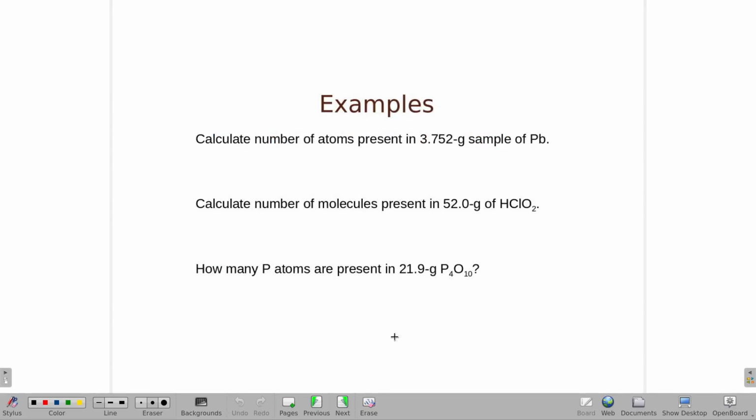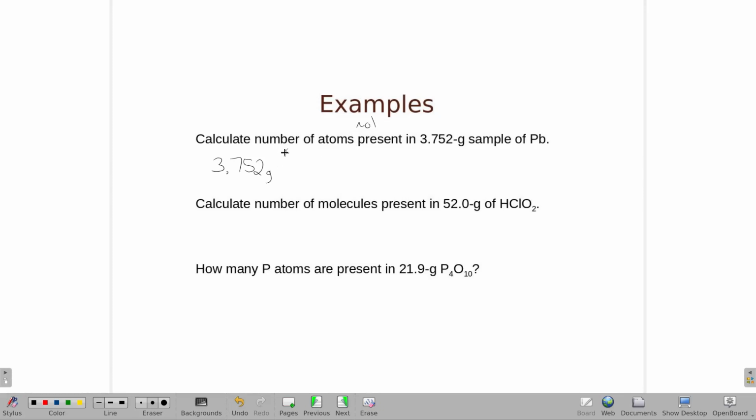All right, so let's do some more examples of this. Let's calculate the number of atoms present in 3.752 grams of lead. All right, we got a couple things we have to do here because I actually can't turn grams directly into atoms because atoms were determined from moles.